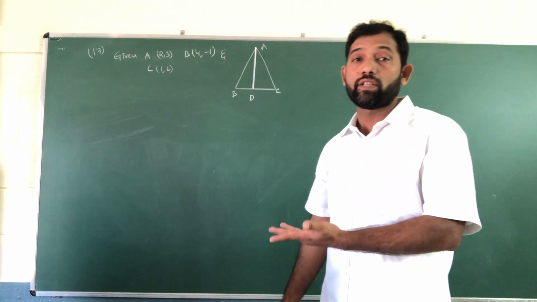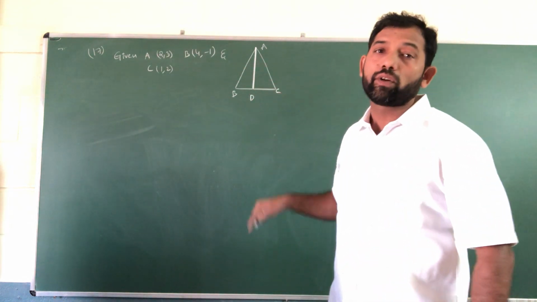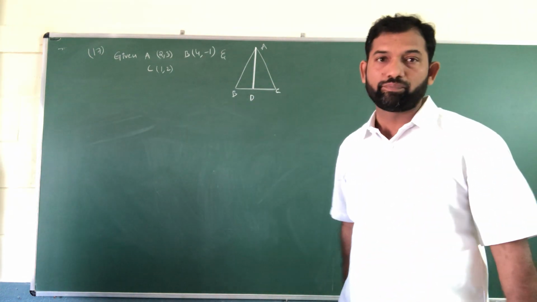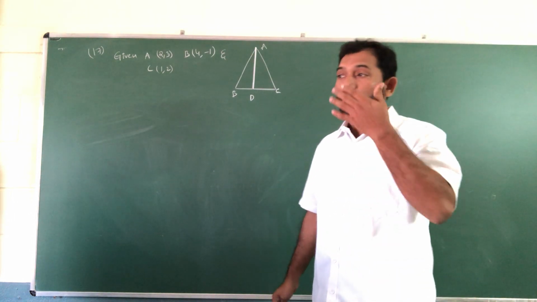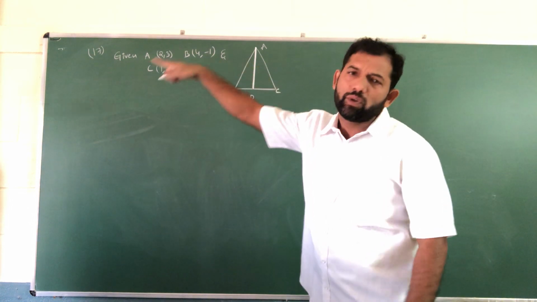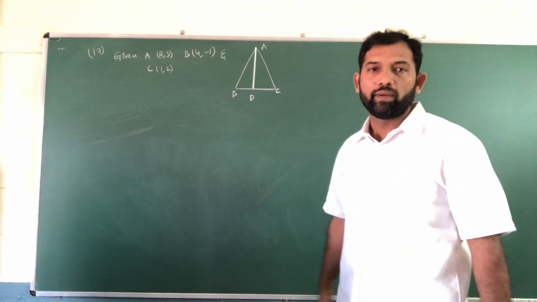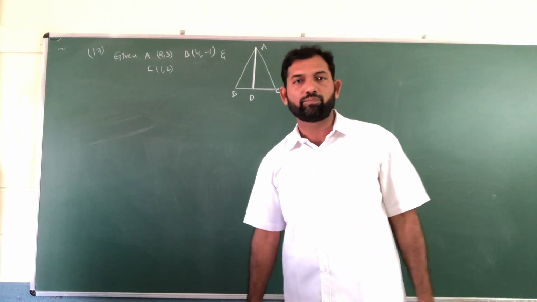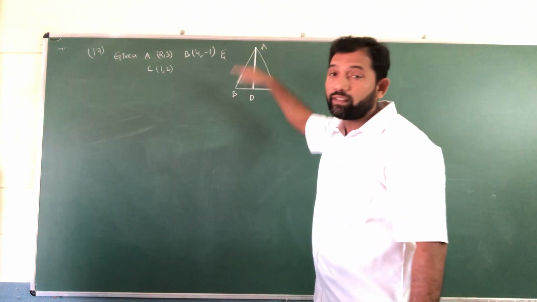If an altitude is required through B, from B you draw one perpendicular line to the opposite side. From C, one altitude means from C you draw one perpendicular line on the AB line. Like that we have to draw. So they are asking for the length of AD.